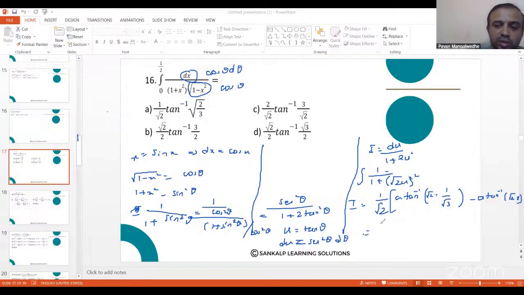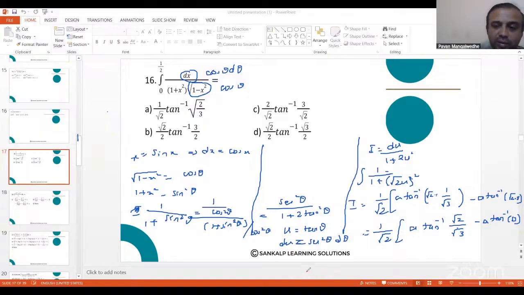So it is 1 by root 2 into a into tan inverse of root 2 into 1, that is root 2 by root 3, then minus a into tan inverse of 0, because root 2 into 0 is 0.